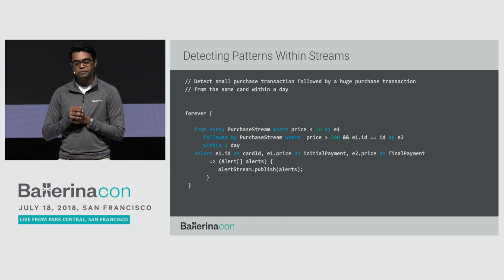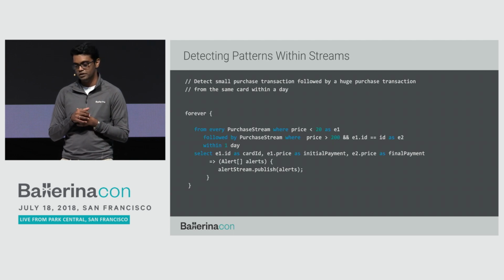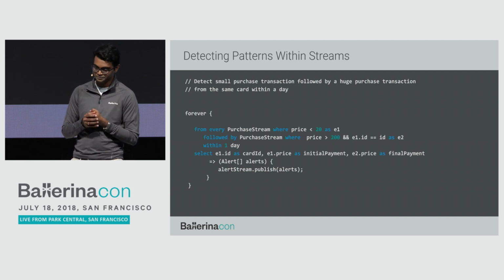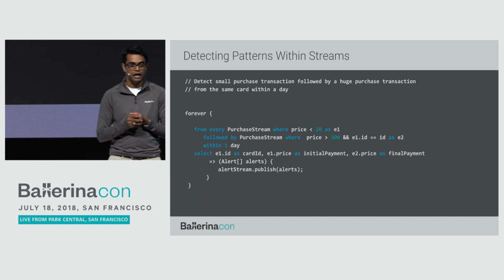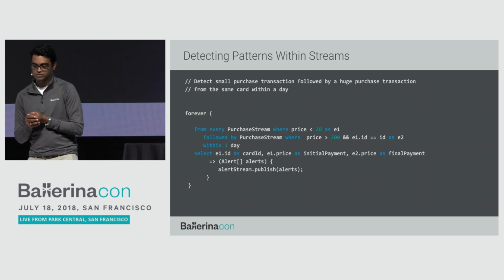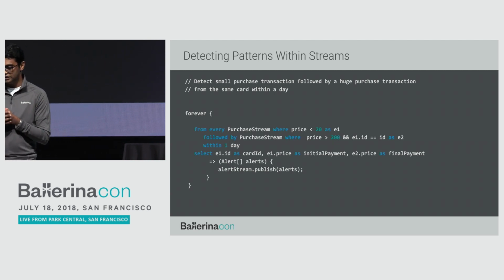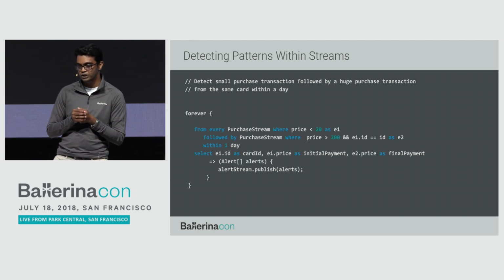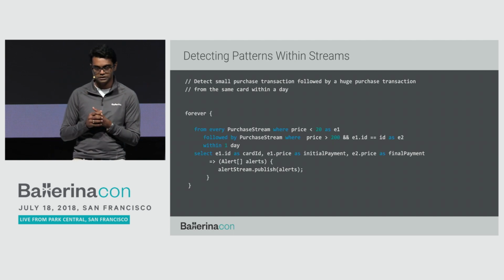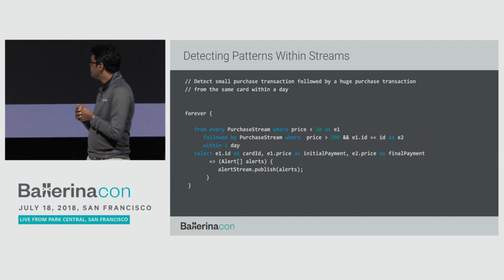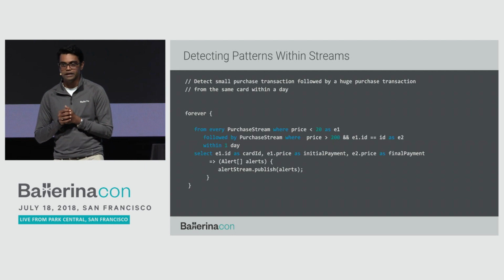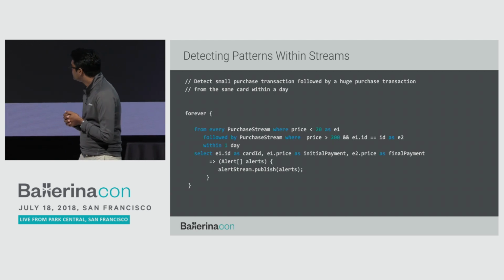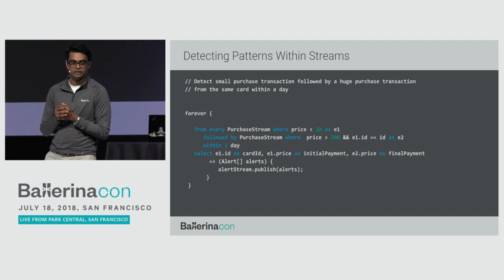So from every purchase in the purchase stream where the price is less than $20, we call it E1. This is followed by another purchase where the purchase is greater than 200, and the current purchase ID is equal to E1's purchase ID, which is the previous purchase that has happened some time back. And if both of these happen within 1 day, then I need the card ID, the initial payment, and the final payment amount as an alert.